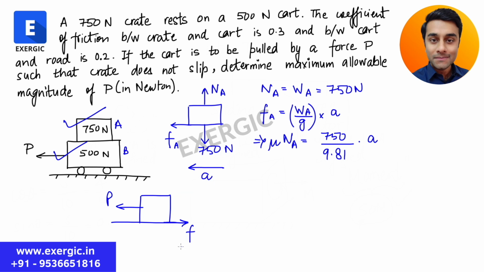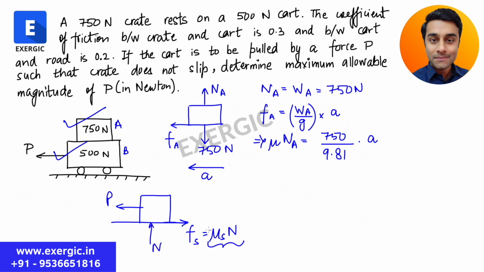This friction, which can oppose the applied force such that the block does not even start the motion, is static friction, right? And the maximum value of that friction you can calculate by using mu S times normal reaction.